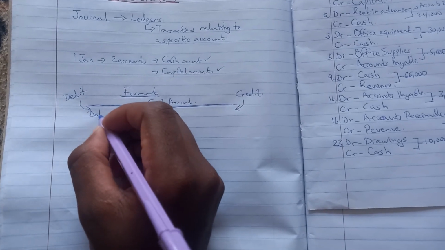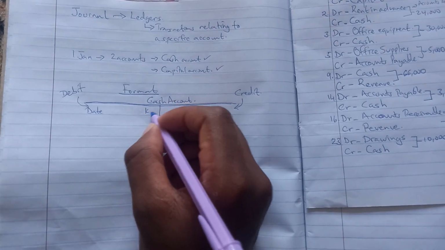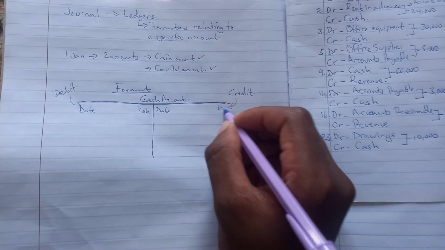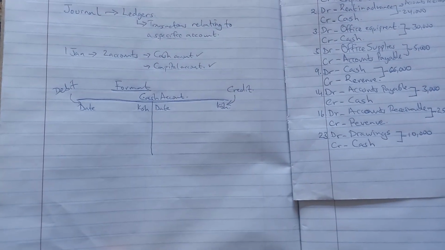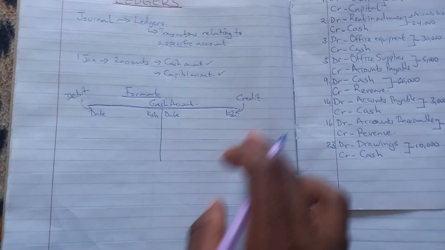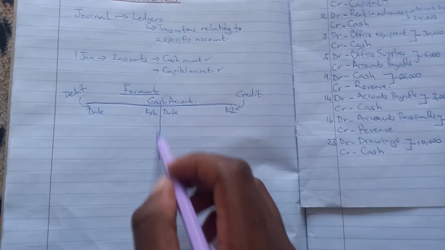So here you will write the date and the currency. Date and the currency. Okay? So this is the normal format. That's why it's being classified as a T account.